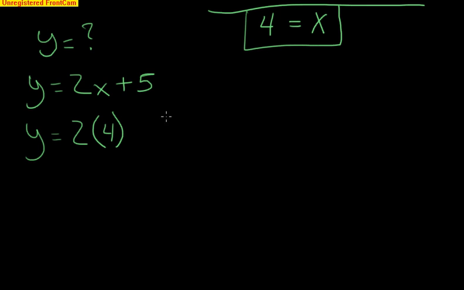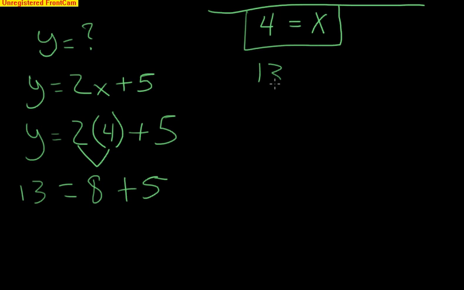Plus 5 will give me y. 2 times 4 is 8. Plus 5, that equals 13. So y equals 13. We have solved our system of equations.